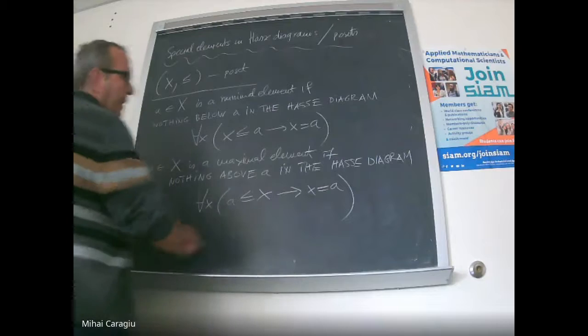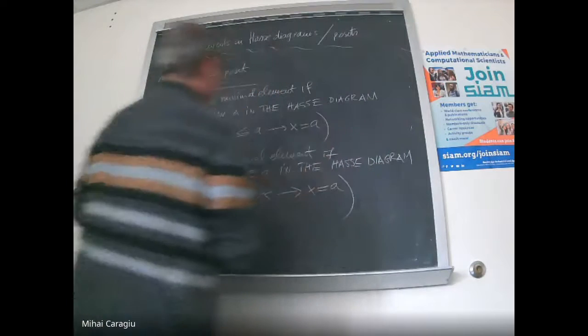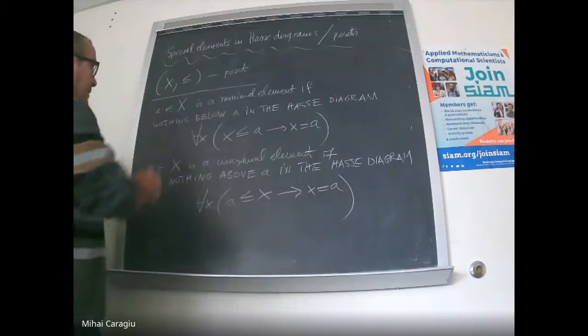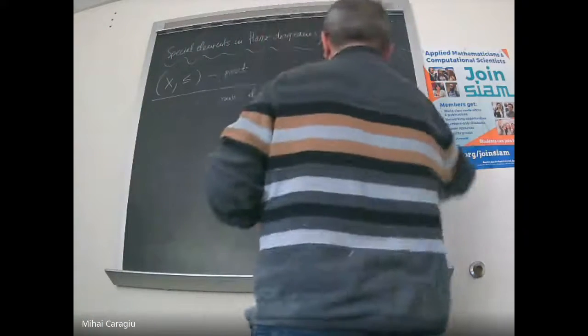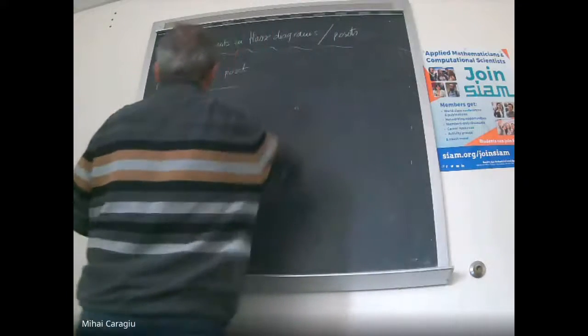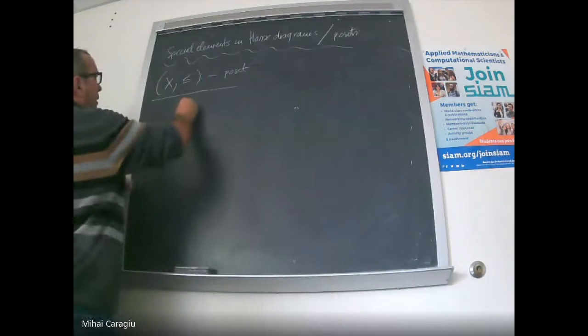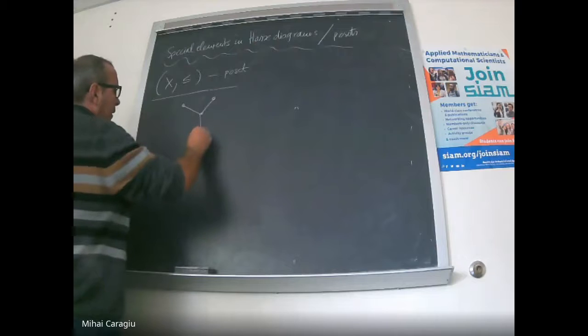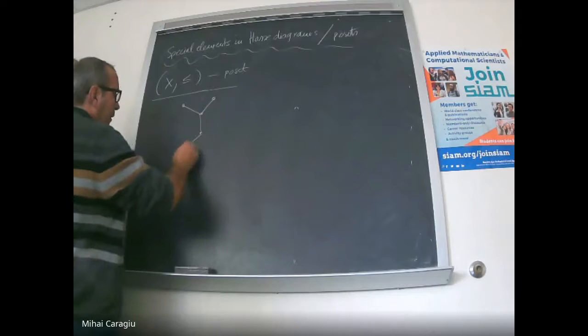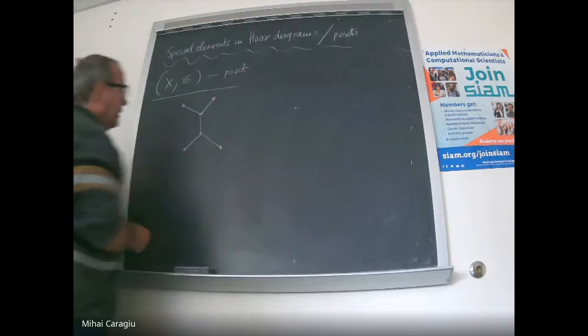So here is a quick diagram which will help you understand the concept. This is a Hasse diagram.